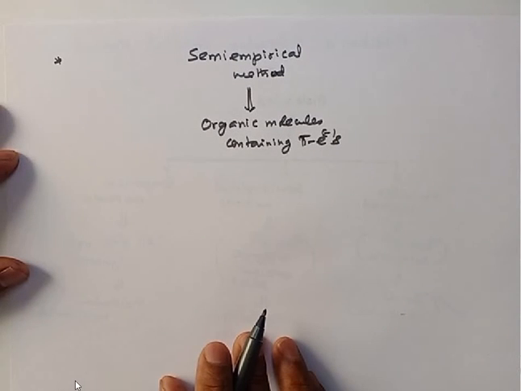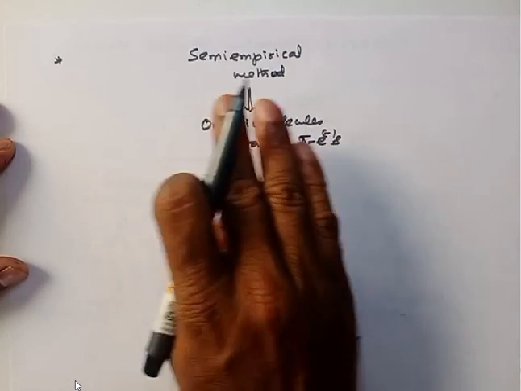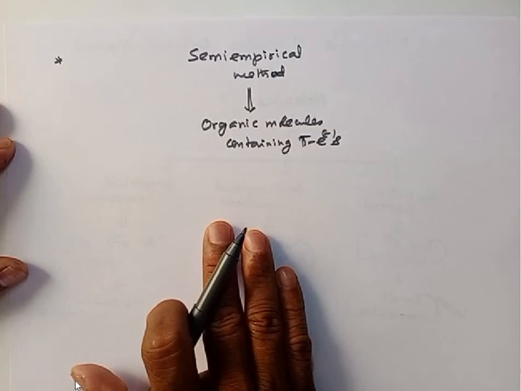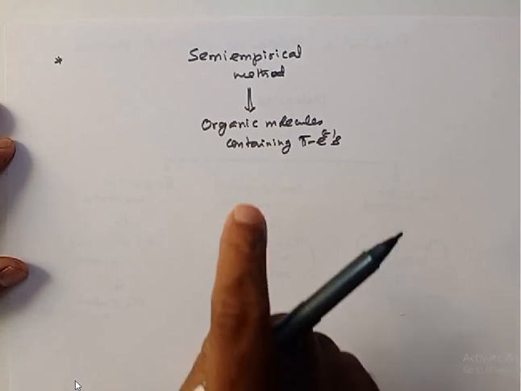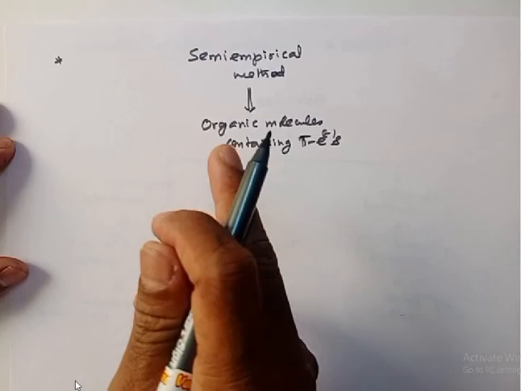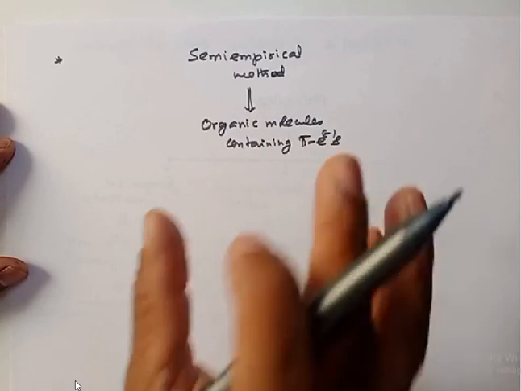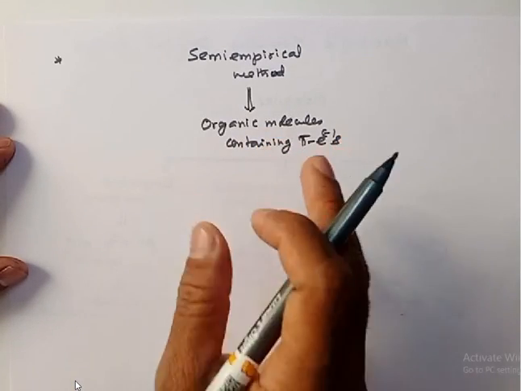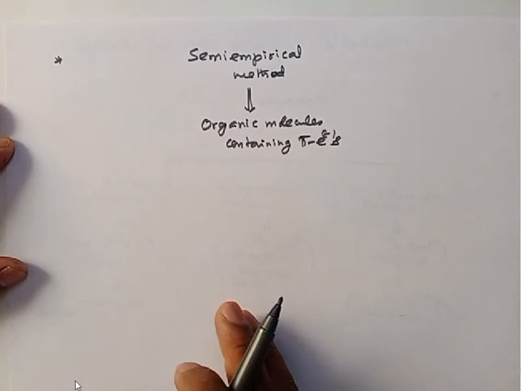If an organic molecule contains pi electrons, you know very well pi electrons are delocalized, so they can move freely throughout the molecule, and sigma electrons are localized. So we can assume that the interaction between sigma electrons and pi electrons is somewhat weak. Since it is weak, you can assume that sigma electrons and pi electrons can be treated separately.